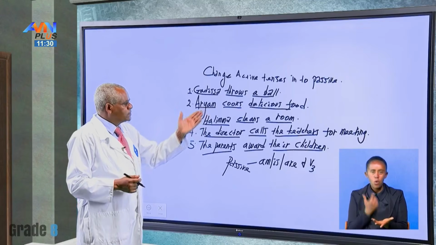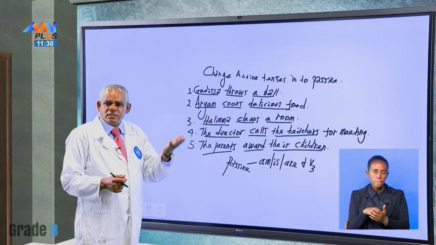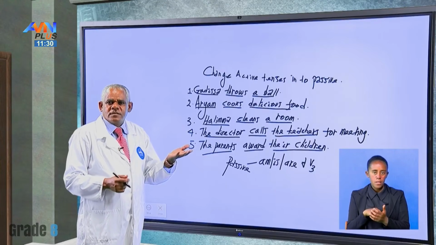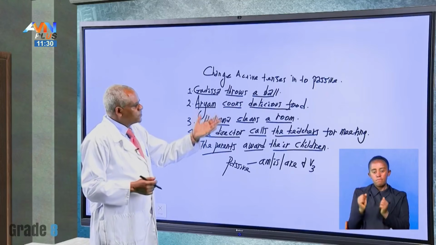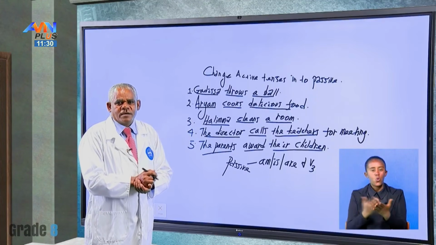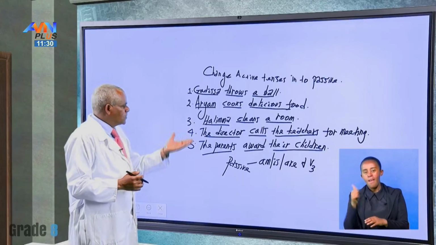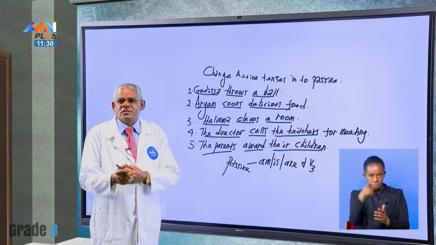Who prepares delicious food? Aryam. That's why we are talking about the present active form. Whereas in the case of passive form, delicious food is cooked by whom? By Aryam. Hopefully you will do the rest of the other questions, 3, 4, 5, and just discuss with friends.